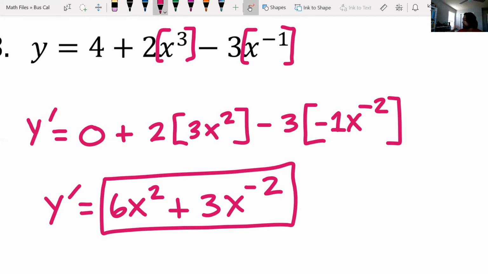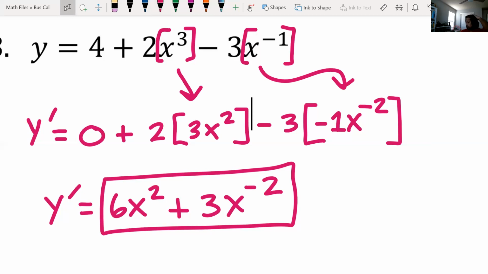Okay. Any questions on that one? So why does the 4 become a 0? Because it's a constant.